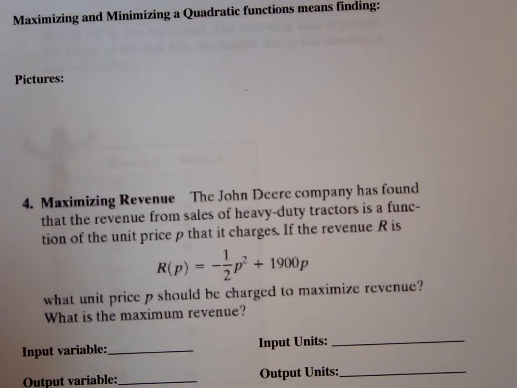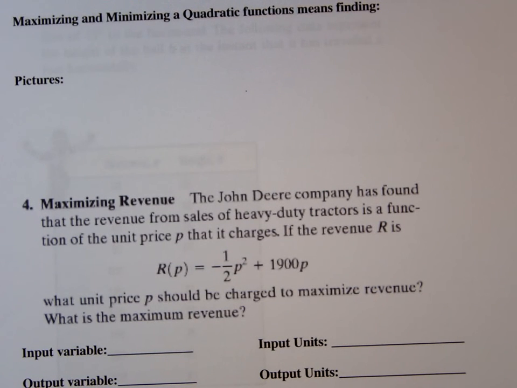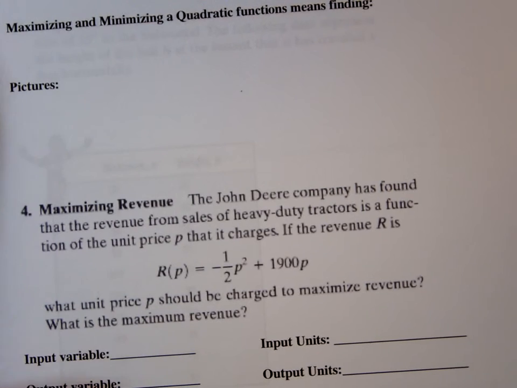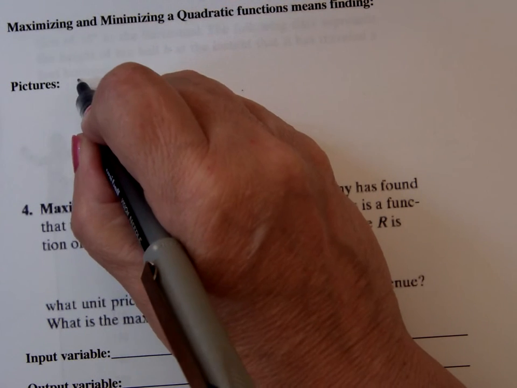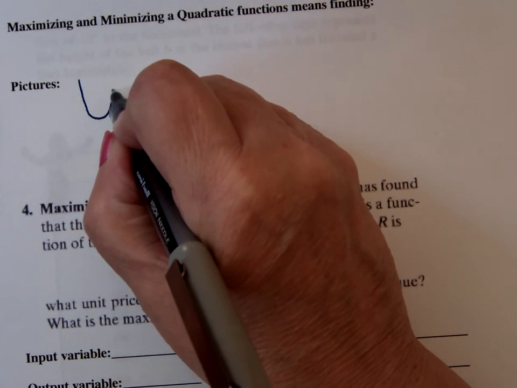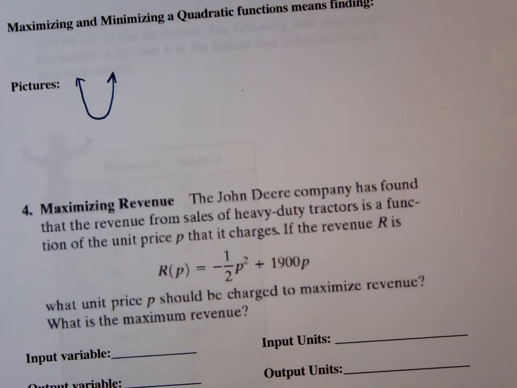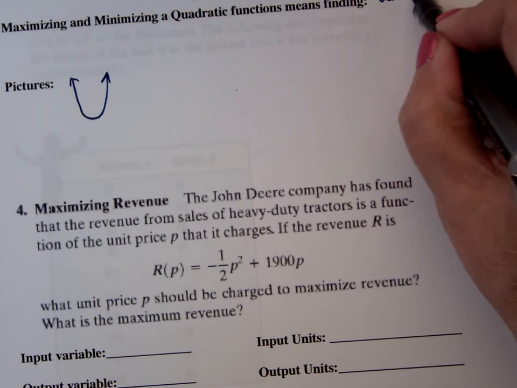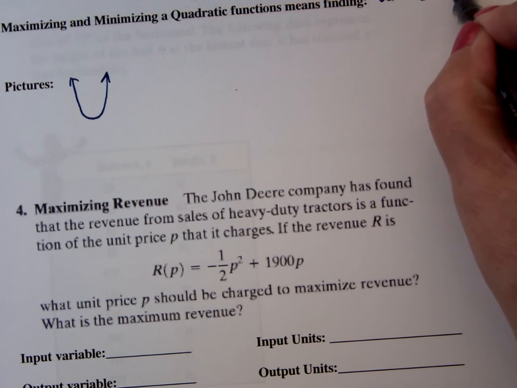In intermediate algebra, when we studied parabolas, the quadratic function, minimizing and maximizing the quadratic function means what? Well, if I look at the picture, we're looking at something of the form ax squared plus bx plus c.